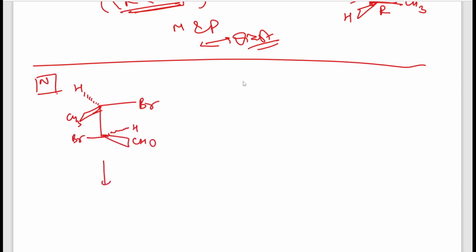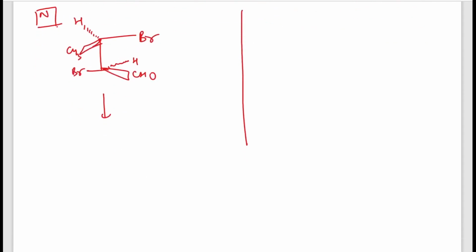Okay. We can rotate this bond as, after rotation, the group which is above the plane, that is aldehyde, will shift to below the plane and hydrogen will be above the plane. Now this is the structure for P.